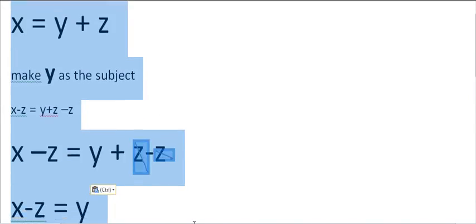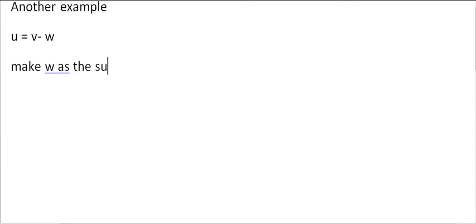Take another example: u is equal to v minus w. Right now u is the subject, but we want to make w the subject, which means we have the values of u and v, and we need to find w.